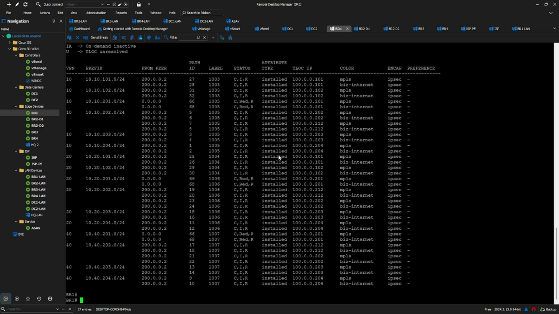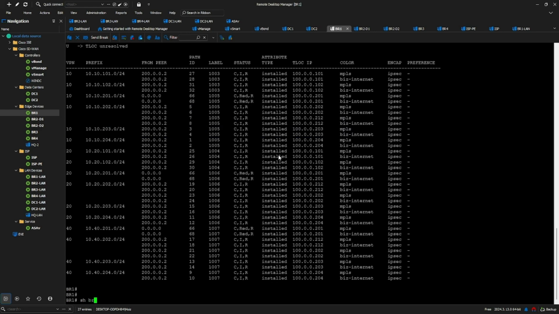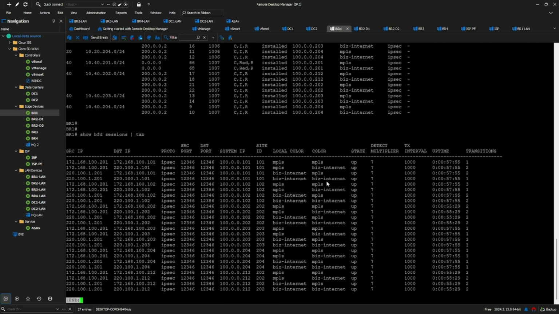Also if I run show BFD sessions in a tabular form, I should see BFD sessions going to their respective IP addresses. Here you see the system IP is 202 and it has the BFD session over MPLS, and this is the IP address they are forming on.